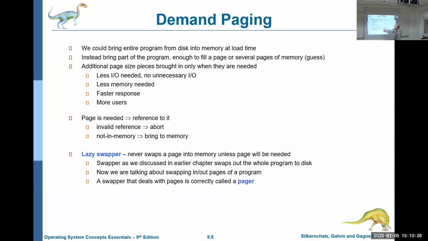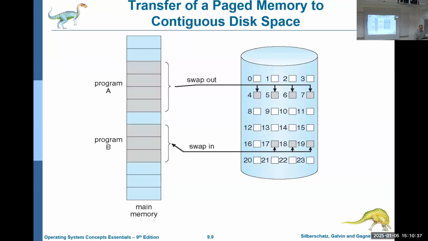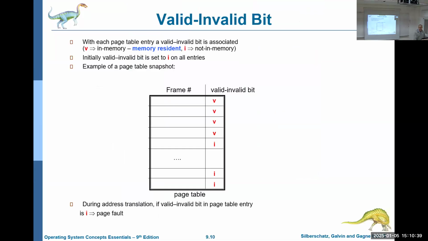There are two reasons why it's not here. Either it's not in memory, or it's actually invalid. We'll have to differentiate between those two cases. But you're right, we kind of need two invalid bits. The simplest way to think about it is yes, two valid-invalid bits. One is that it's just invalid because it's not there, but it's really a good page. And the other is that it's a page you weren't even assigned.